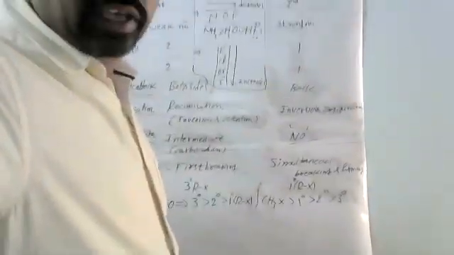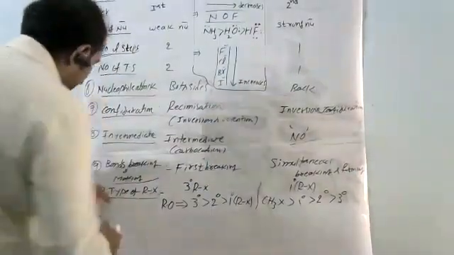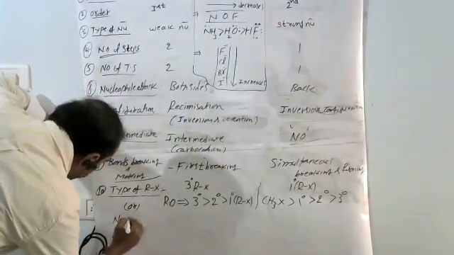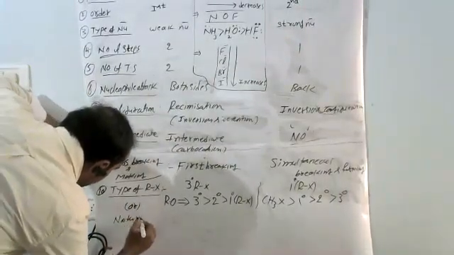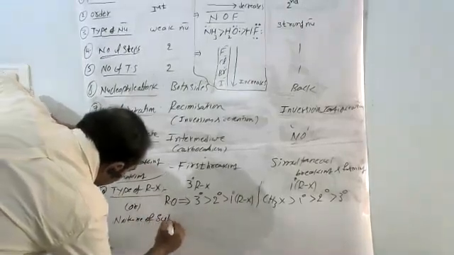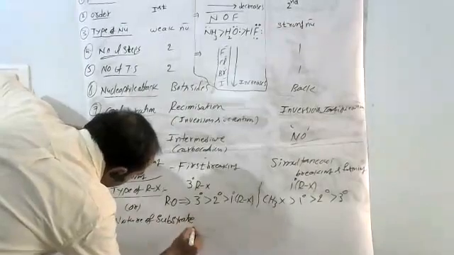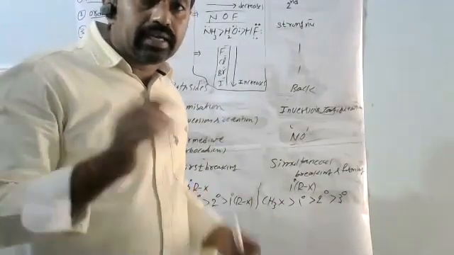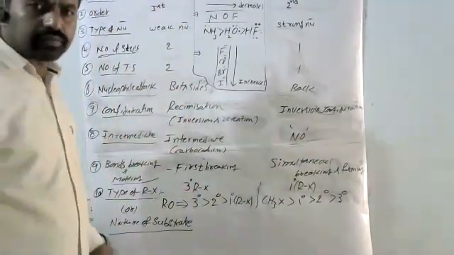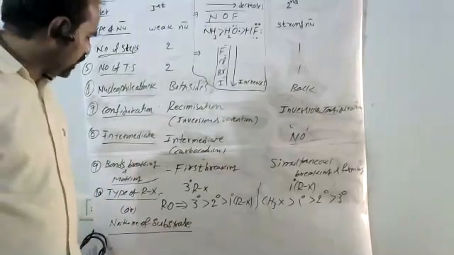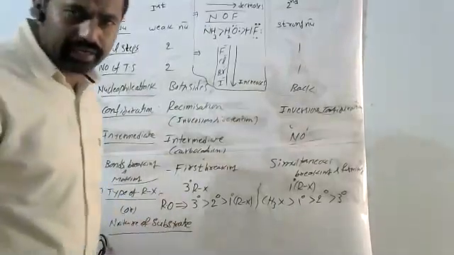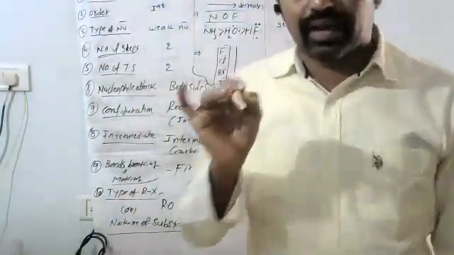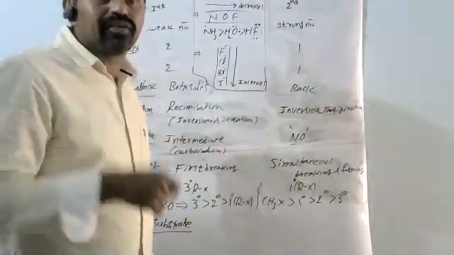In organic chemistry, the substrate is nothing but the reactant. Nature of substrate means nature of reactant. Here the reactant is an alkyl halide, so nature of alkyl halide.